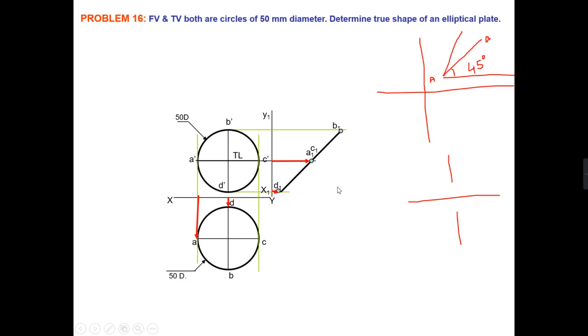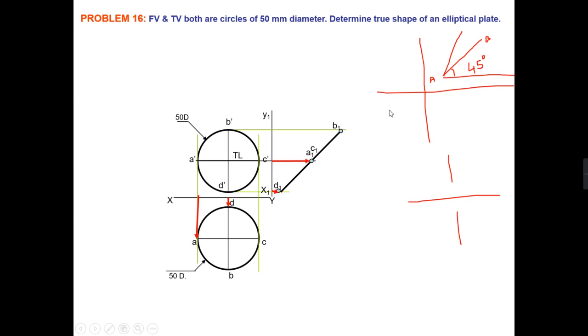After getting this, see, if I look at it from here, then I will get a true shape of the elliptical plate, or either I can see it from here. Okay, so it is your front view, and if I see it from here, then I will get the front view of the elliptical plate.